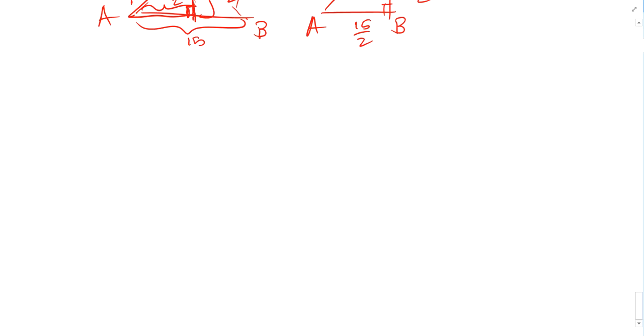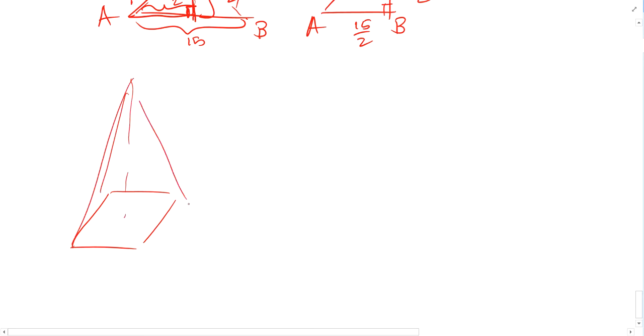Part D, we have a part of the pyramid left after it is cut. So this being my original pyramid has a height of 20. After I cut, I get a smaller pyramid.